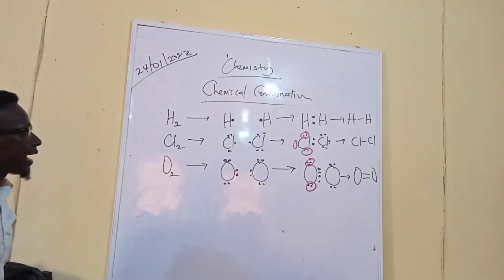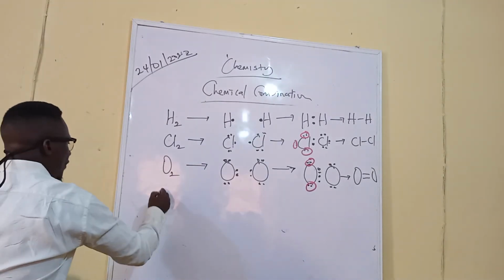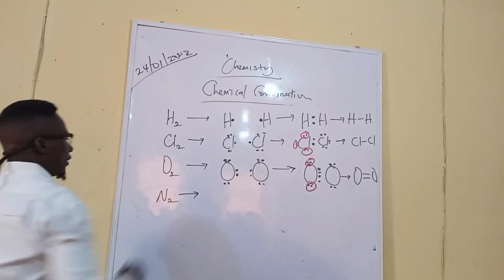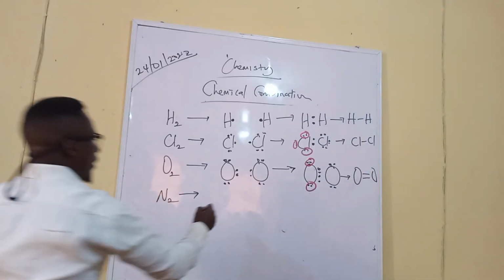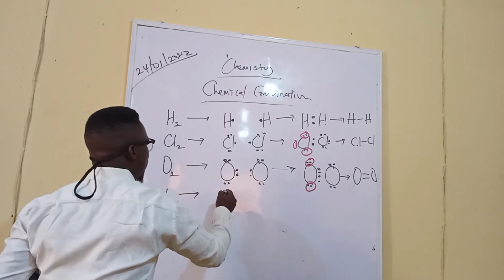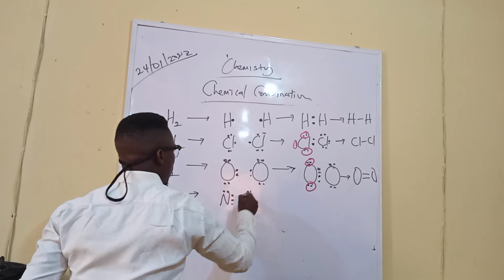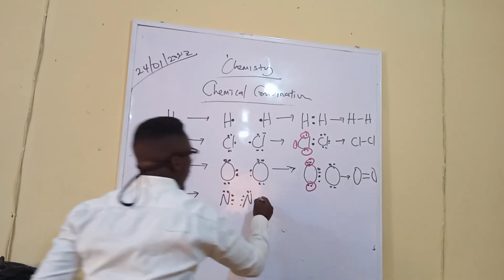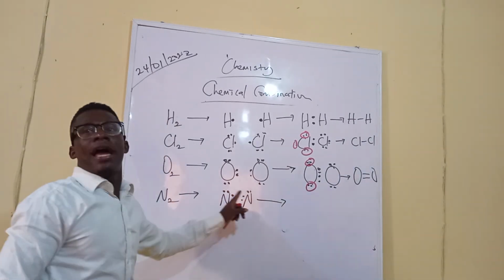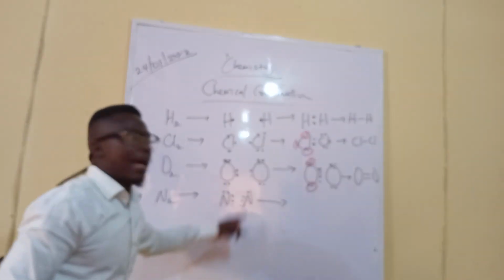Okay, now another example is nitrogen. Nitrogen is written in Lewis dot like this. When they bond together, each atom donates 3 electrons.